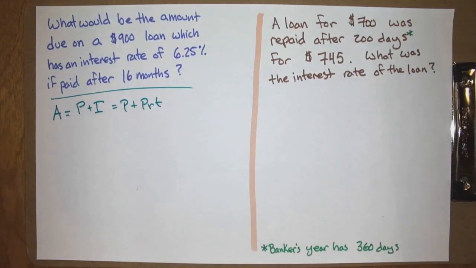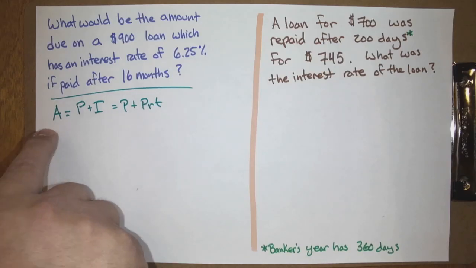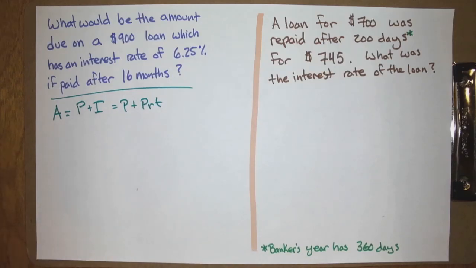Now let's just figure it out. We have a bunch of letters, some alphabet soup here. What is it we want to solve for? Which one of these letters are we solving for? The A, the P, the R, or the T?